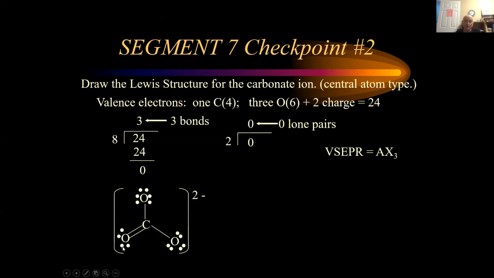I need 2 more pairs, 6, 8. I have 2 here, 4, 6, 8, and 2, 4, 6, 8. I have octets around all my peripheral atoms, and this is one possible structure. Remember, it is a -2 ion, so you really ought to show it as a charged species. It wouldn't be good to leave that charge off.